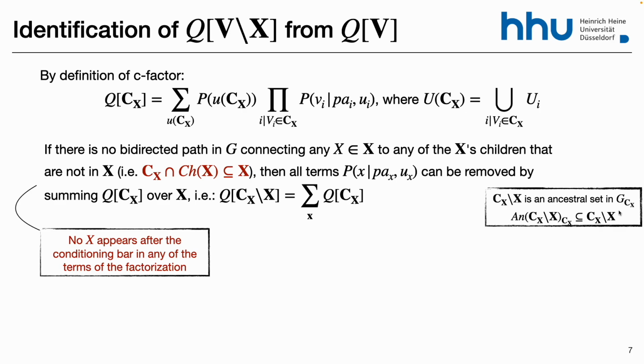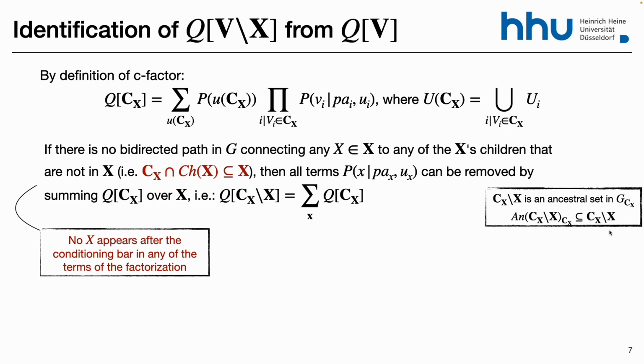So basically, I need that C_X minus X is an ancestral set. In other words, I need the ancestors of C_X minus X in this graph over C_X to be contained in C_X minus X. So if I have, by contradiction, this C1, it is going to be part of the conditioning set, and then when I remove the X's, I have to compute the ancestors of C1, and then the X's are not part of C_X minus X.